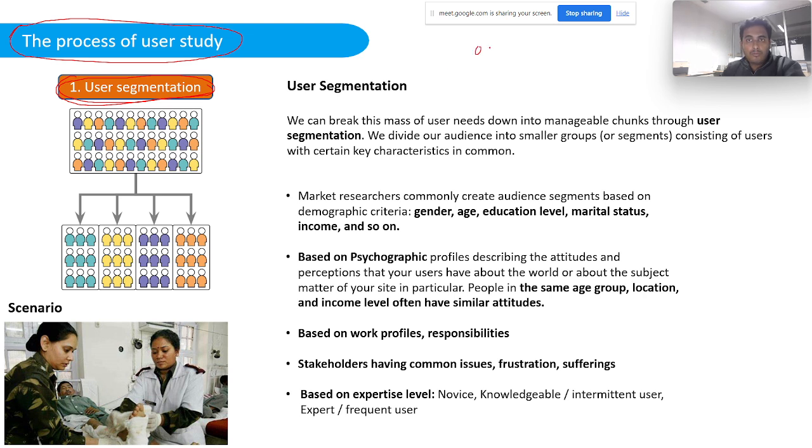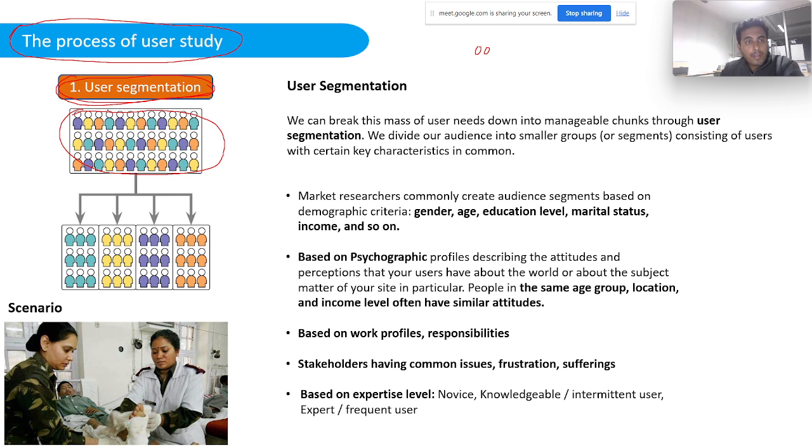Why do you do that? Because you may have different stakeholders in a particular context, so the nature of the information you collect from individual users may differ.